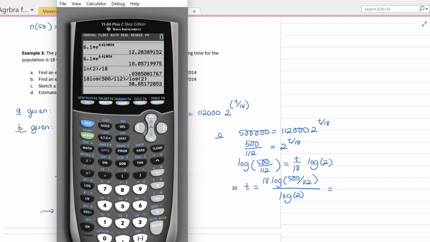So the population will reach 500,000 in about 38.9 years.